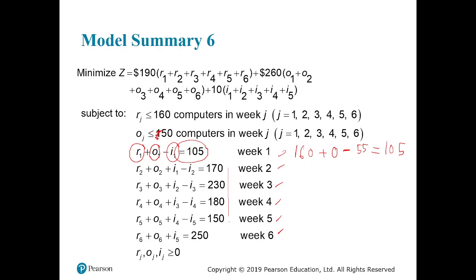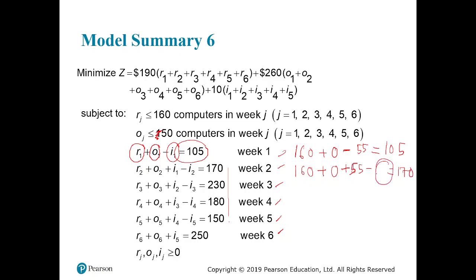All right, so this is one thing. Next week, let's say R2, you still want to produce 160, and maybe still no overtime, this is just my guess. But you add whatever you have from last week, that you take from the store, which is 55, and then you minus something to get 170.